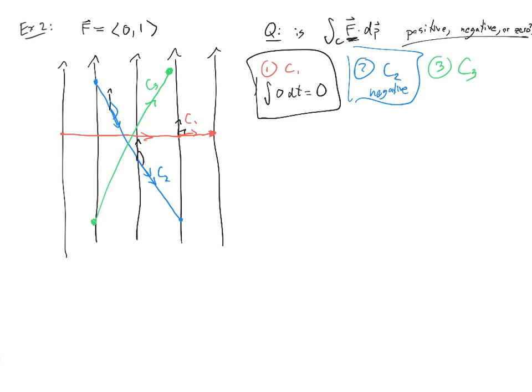And for C3, the story is the opposite. The tangent vector to C3 and f form an acute angle, so you expect the dot product to always be positive. It might be that at some points on C3 the speed is slow in your parameterization. You don't have to walk it at a constant speed, but f looks like this. So maybe f dot dp at this point is kind of small, but it's positive.